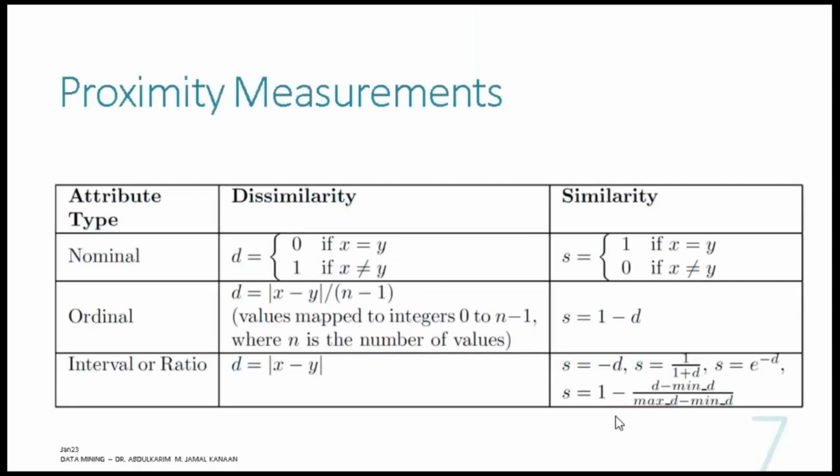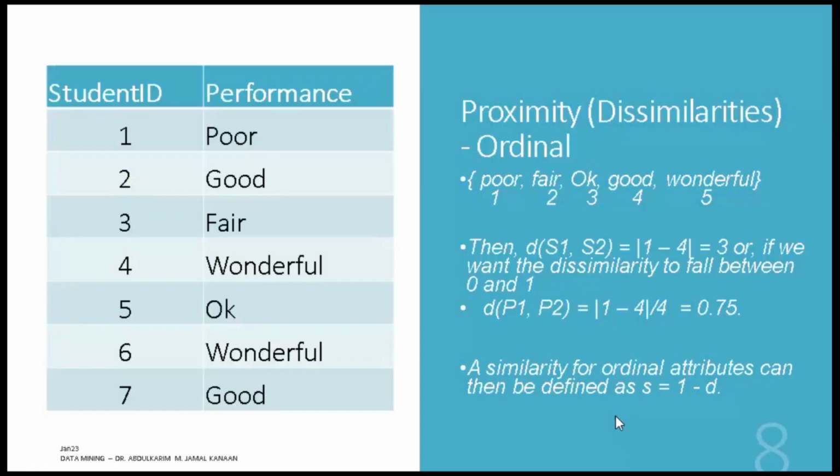This is why, as it says here, we need to divide this value. We map between some value and n minus 1, but here we need to convert to between 0 and 1, so we need to find n minus 1. N minus 1 is easy. N means the number of options you have. For performance, how many options do I have? Poor, fair, okay, good, wonderful, means 5. Then 5 minus 1 is 4.